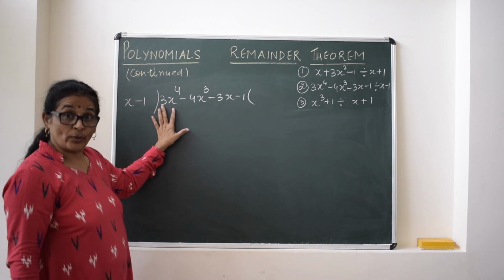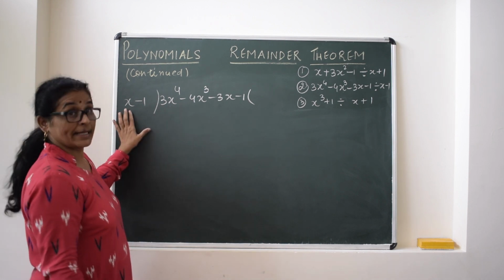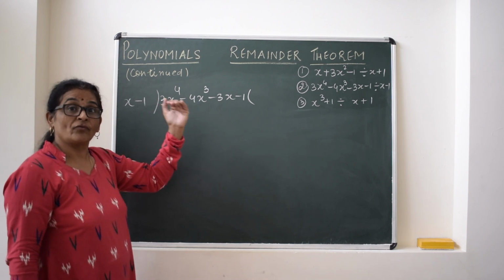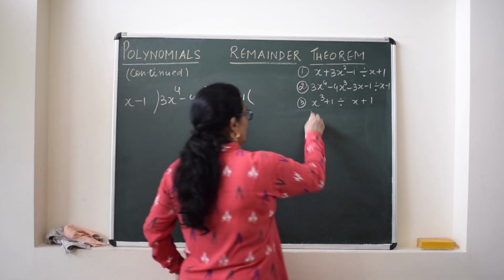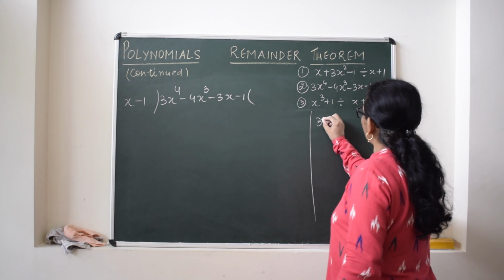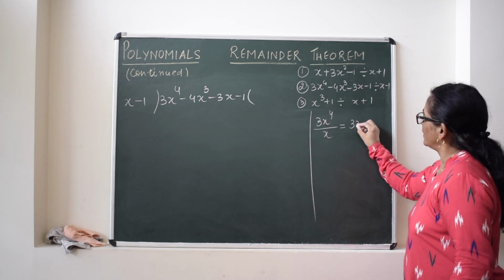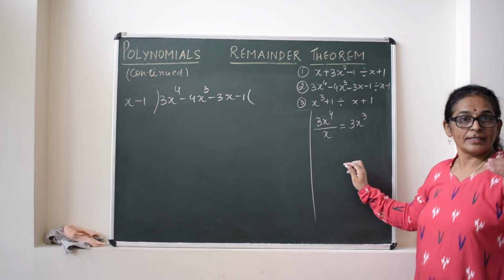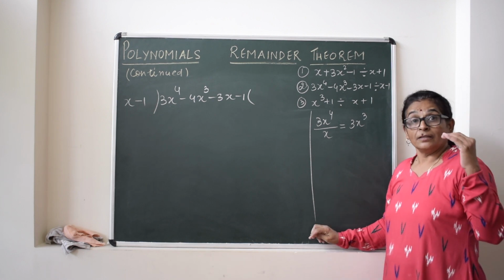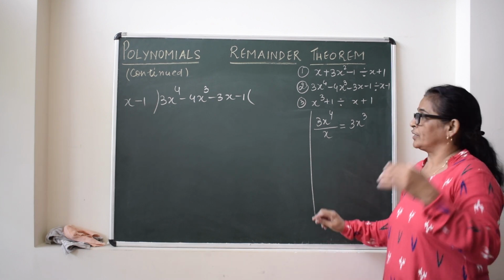This has to be divided by x to get the first term of the quotient. So 3x to the power of 4 divided by x will give us 3x cube. This 3x cube becomes the first term of the quotient.